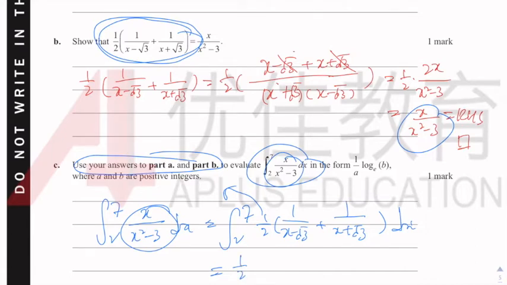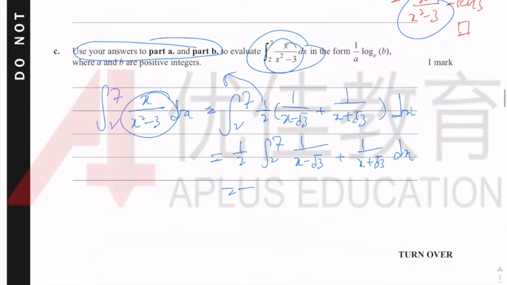So that's half, with the integral from 2 to 7 of 1 over x minus square root of 3 plus 1 over x plus square root of 3 dx. And remember, we can always break the integral if that's a sum. So that's the integral from 2 to 7 of 1 over x minus square root of 3 dx plus the integral from 2 to 7 of 1 over x plus square root of 3 dx.